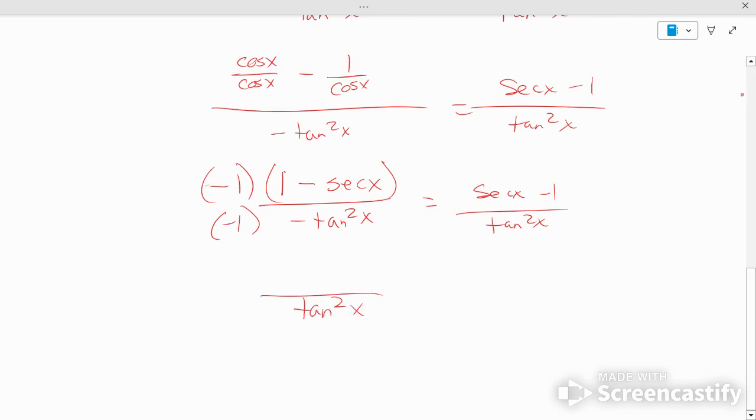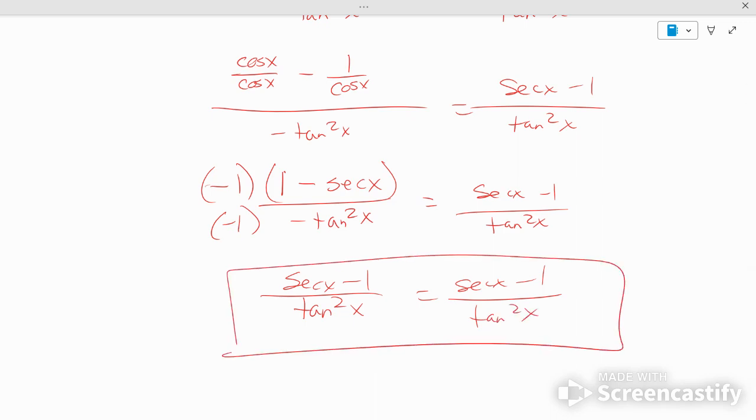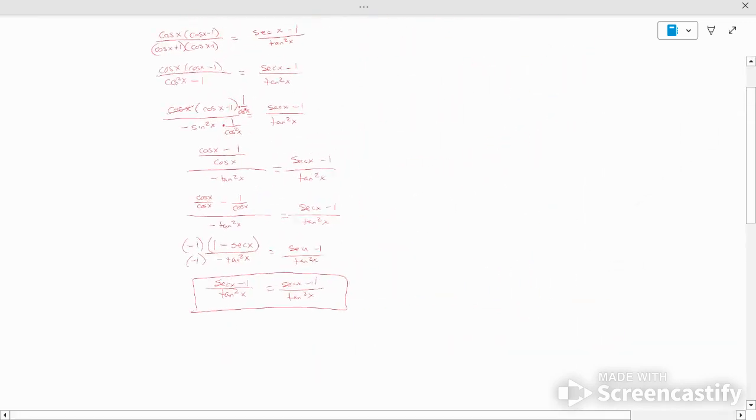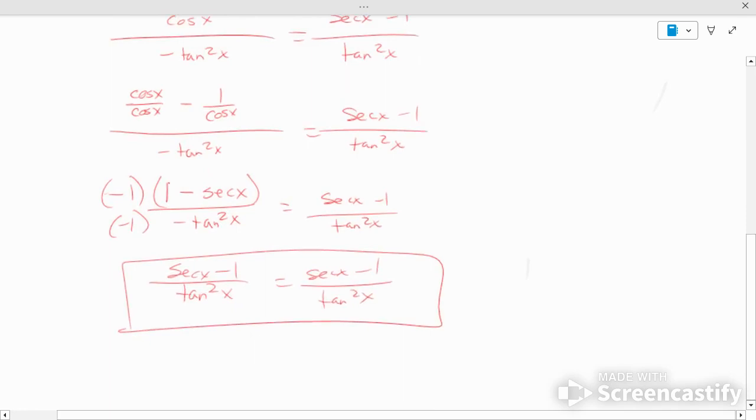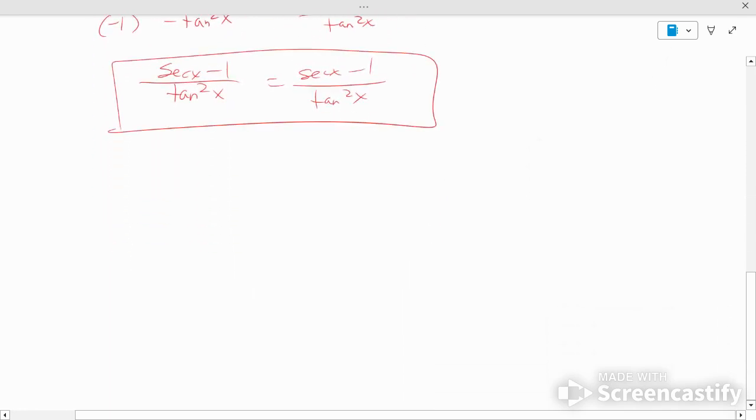The top times -1 gives me secant of x plus -1. And I got there. It only took me that many steps. Yeah. Some of these take quite a few steps.